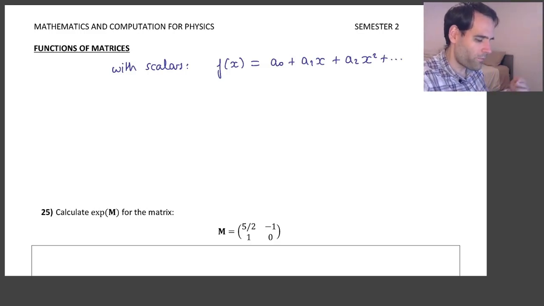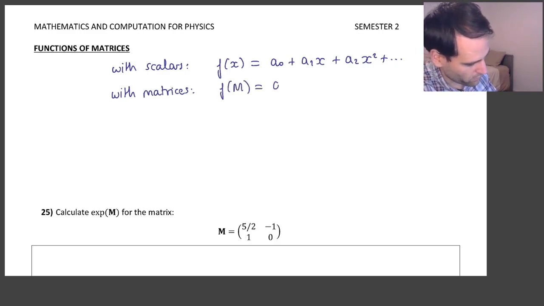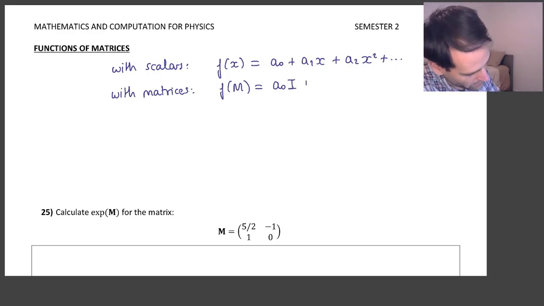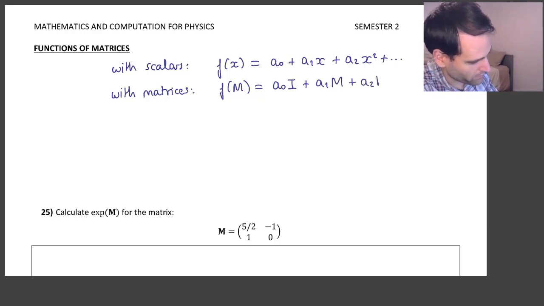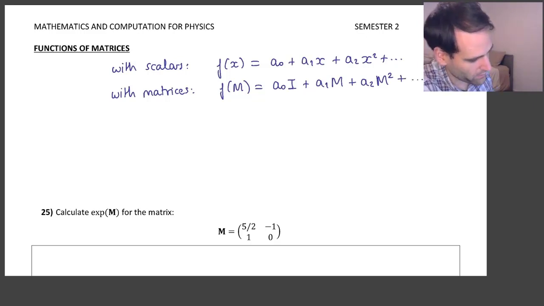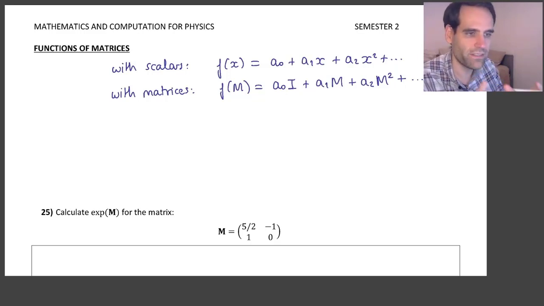So we can formally define that we can also apply functions to matrices, because for a matrix M, we can do A0 times the identity matrix, which is the equivalent of the number 1, plus A1 times matrix M, plus A2 times matrix M squared, which we can calculate, and so on. We can calculate all the powers of M, and we can define the function in this way.